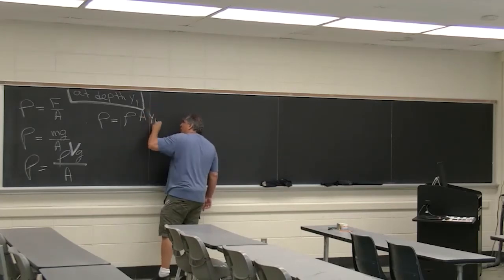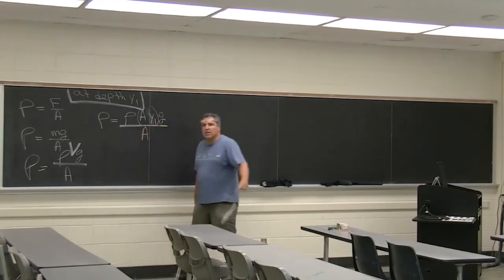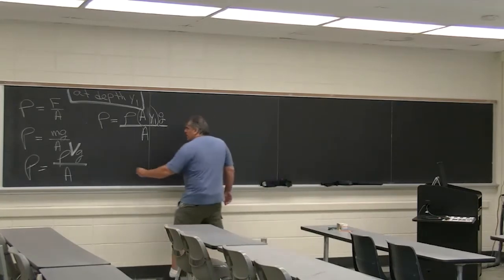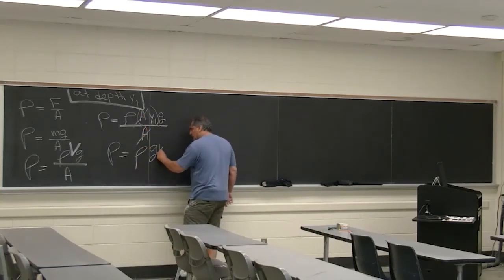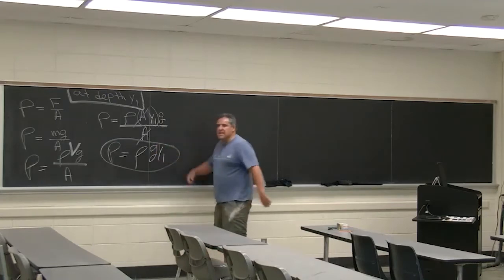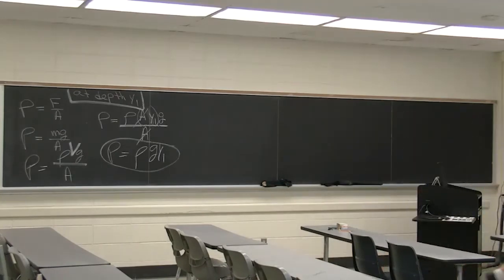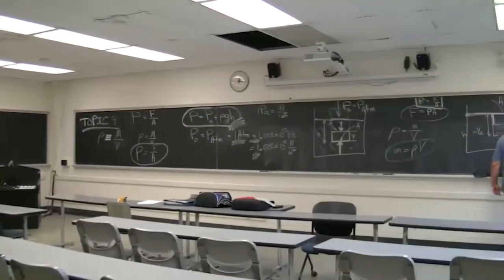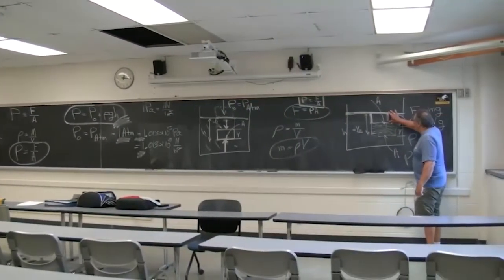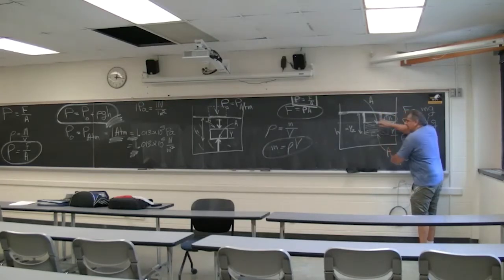The height happens to be Y1. Divide by A on each side. Y1 is the depth on top. Y2 is the depth on the bottom.